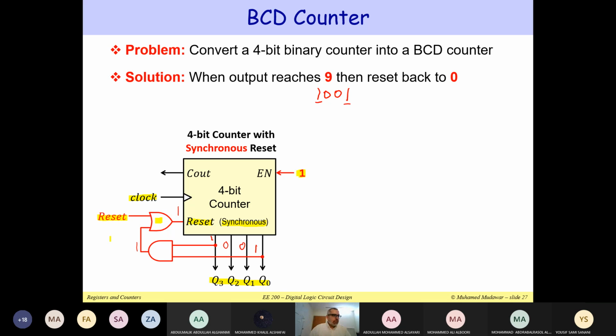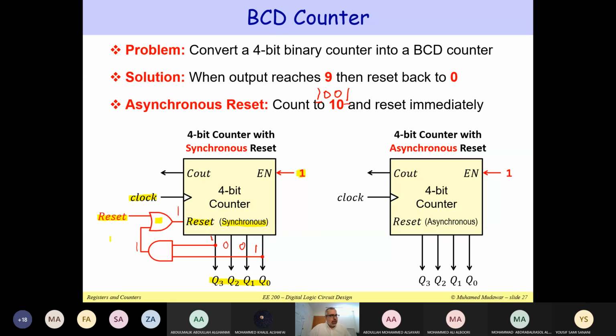Anyone? Just reset at any time, you know? No, we want to count from 0 to 9 and then back to 0. We would like to have a BCD counter. So when do I reset? Students, this is a very important question. So I would like now to use a different type of counter that has an asynchronous reset.